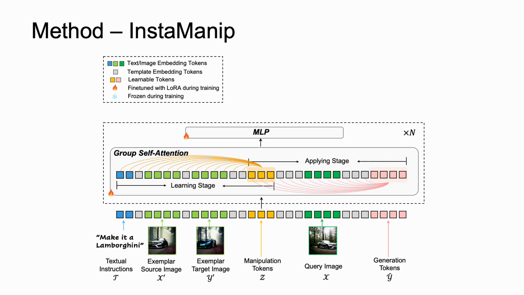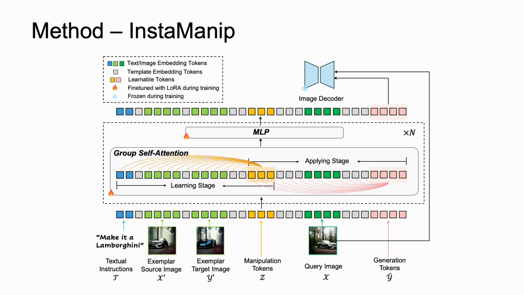Then we implement self-attention with causal masks in the two groups separately. After going through n blocks, we forward the generation tokens and the query image to a pre-trained image decoder to synthesize the final output. We use MSE as reconstruction loss between the final generation tokens and the ground truth to train the model. This is the overall architecture of the proposed InstaManip model.